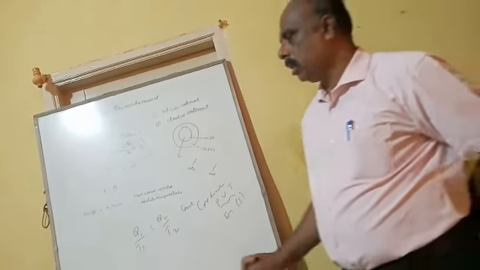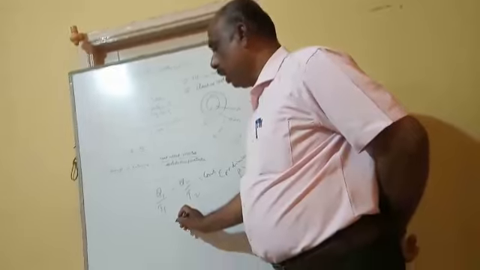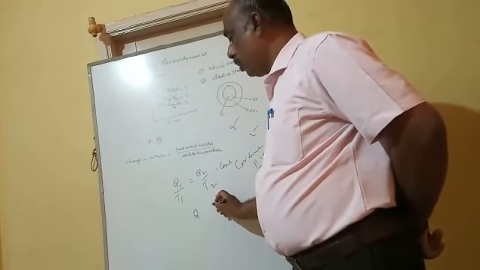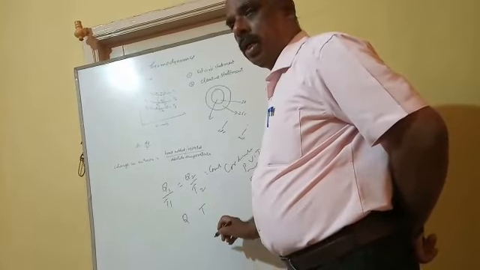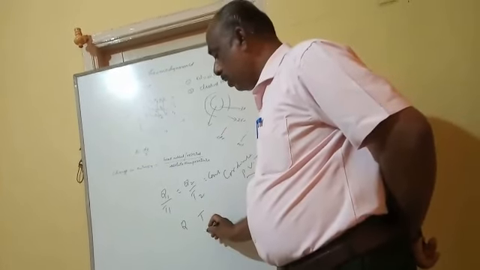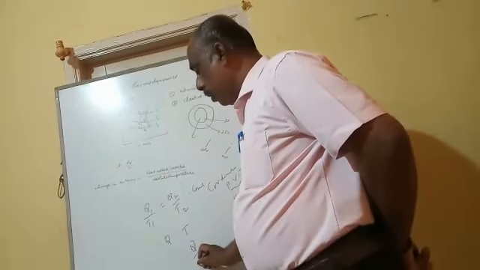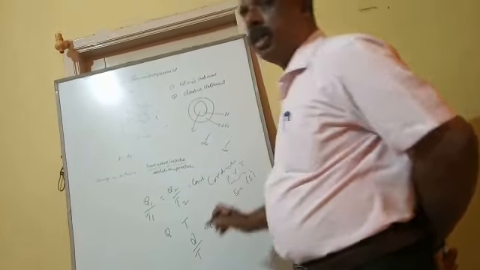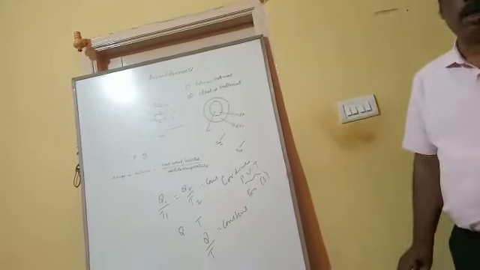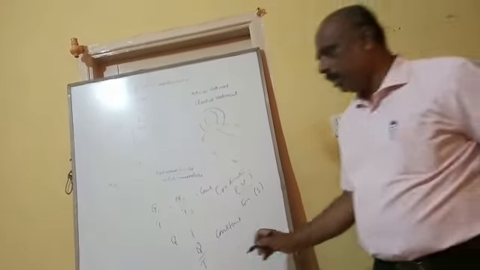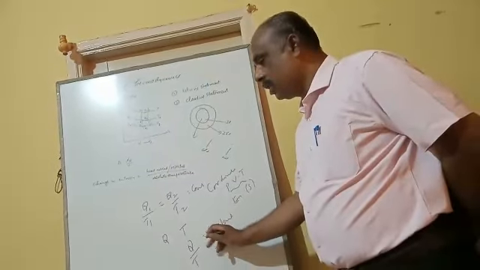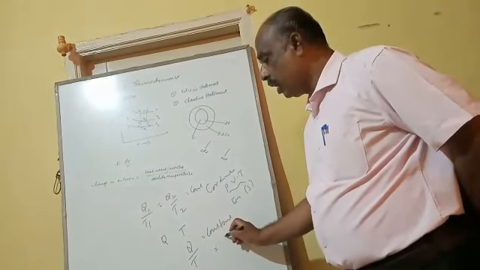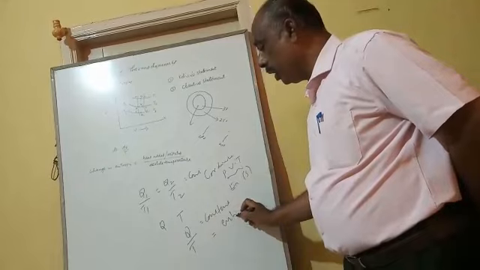So in general, if Q amount of heat is supplied to a system at an absolute temperature T, then you can represent this equation as Q divided by T is equal to a constant. That constant, or change, I am going to call it entropy.